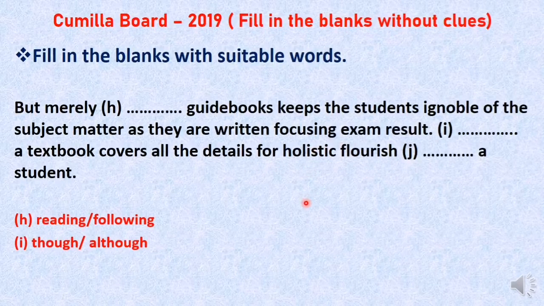Holistic actually means dealing with or treating the whole of something or someone. In a word we can say altogether. So flourish dash a student. And here definitely we must use one preposition, and that is of: of a student.